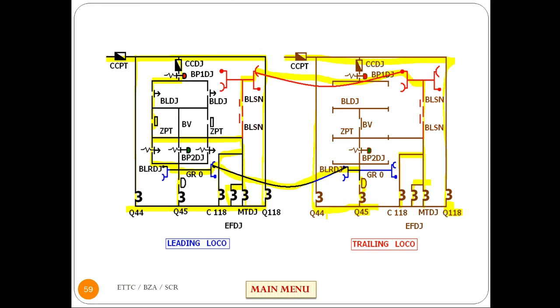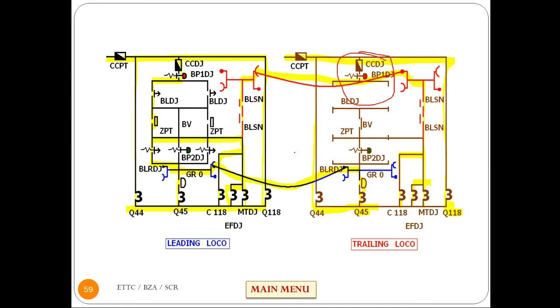In this DJ control circuit, if you closely observe the trailing loco condition, in the trailing loco, CCDJ and BP1 DJ are open circuited. It means that in the trailing loco, if CCDJ is melted, there will not be any action.